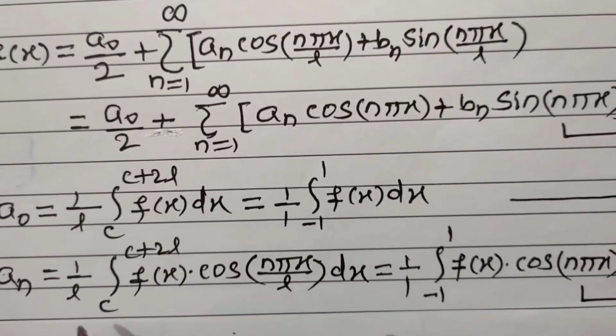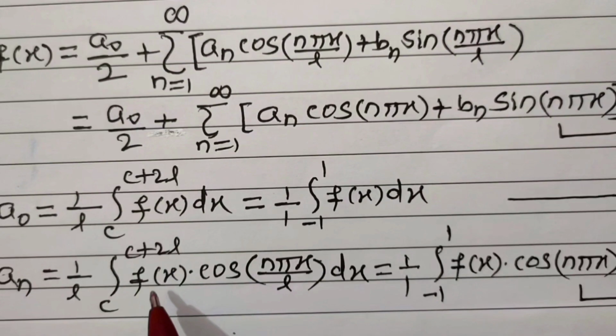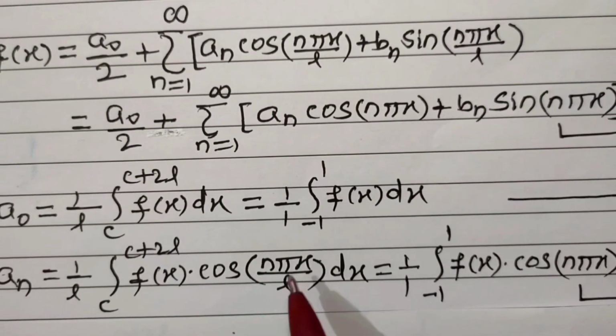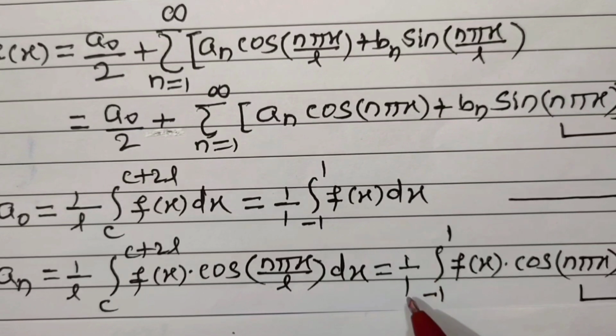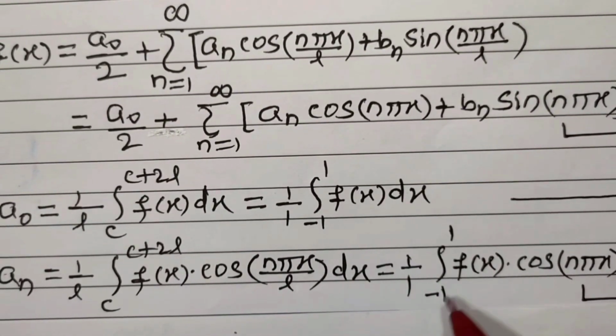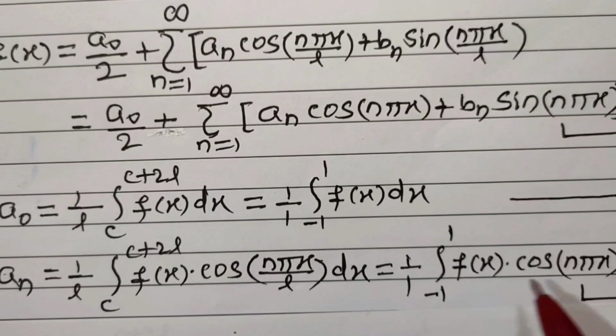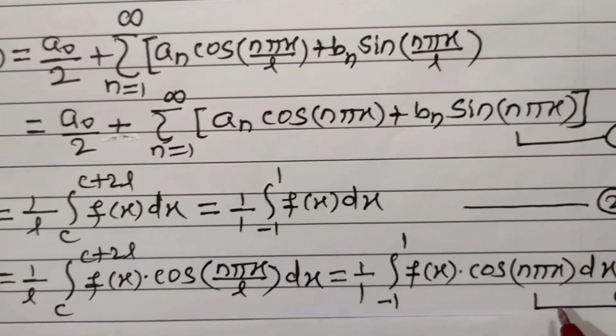Now the formula for an is 1 upon l integral from c to c plus 2l f of x into cos of n pi x divided by l with respect to x. But l is 1, so 1 upon 1 integral from minus 1 to 1 f of x into cos of n pi x with respect to x, and consider this as equation number 3.